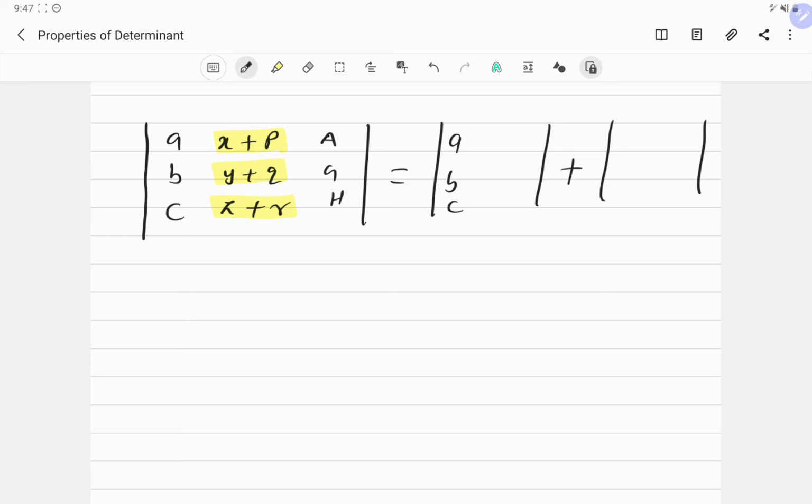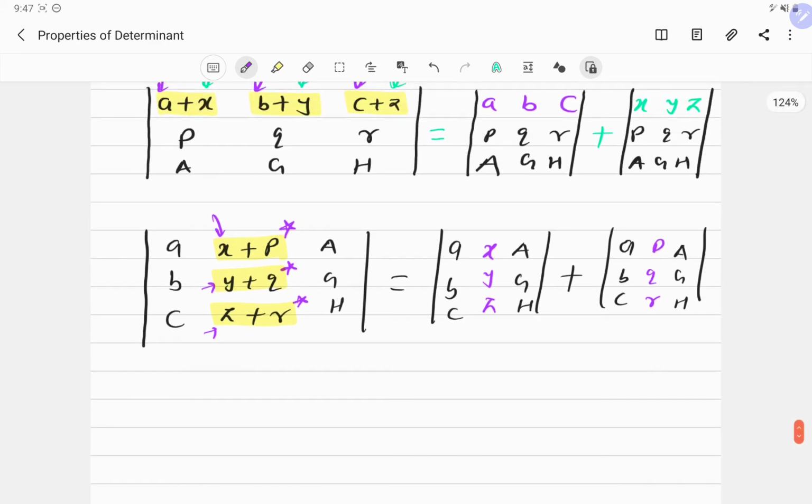Just keep the first column as it is, even keep the last column, that is the third column, as it is in both the determinants. Now the only thing is, the first part of this sum, that is X, Y and Z, let's express this in the first determinant, and the second one, I'm talking about P, Q and R, let's write this P, Q and R in the second determinant.